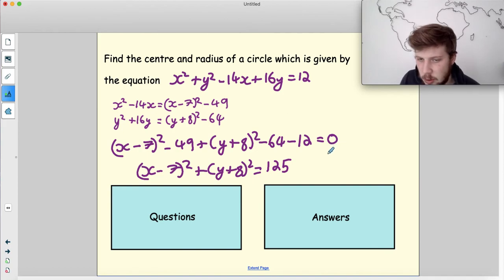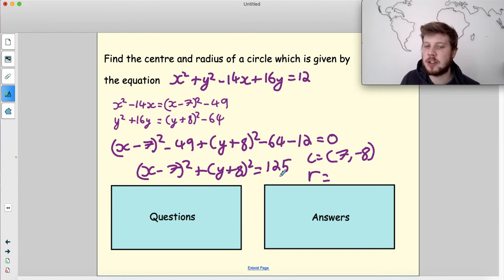So to pick out my centre point and my radius from this, I would get a centre point of 7 and negative 8. So my centre would be equal to that. And my radius, well, that would just be, if 125 is my radius squared, the radius would be the square root of 125, and that's going to be 5 root 5.